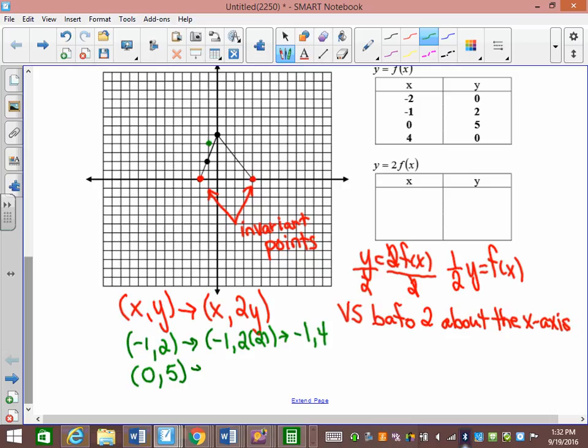Once you have mapping, you literally just run it. So x is 0, 2 times y is 5, so it's 0 and 10. And that's on the graph.